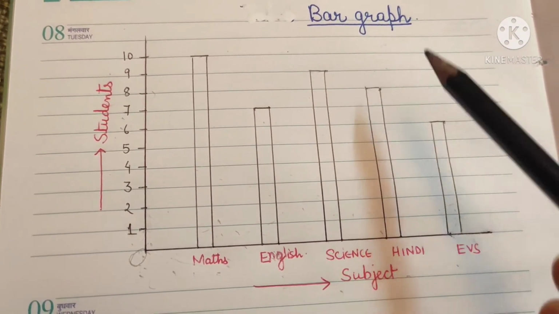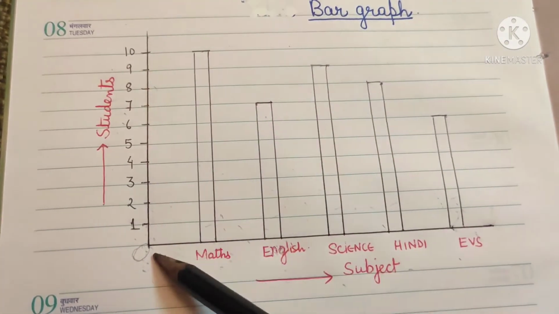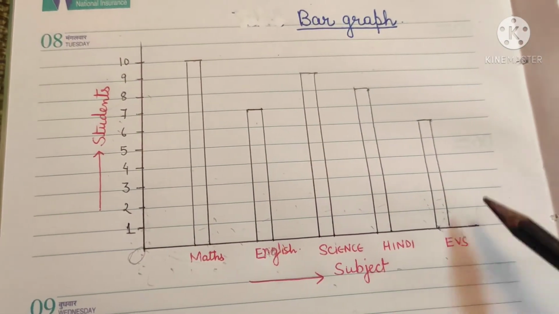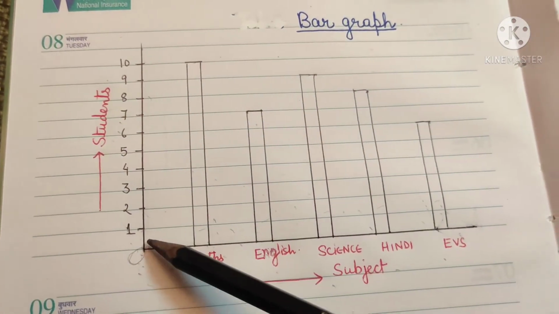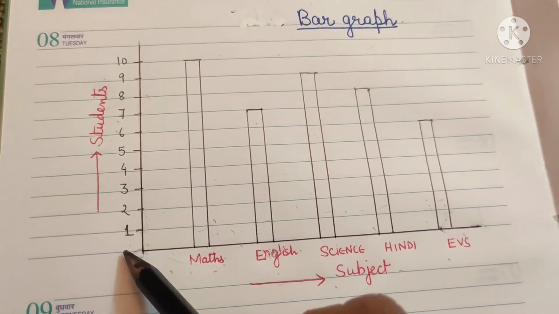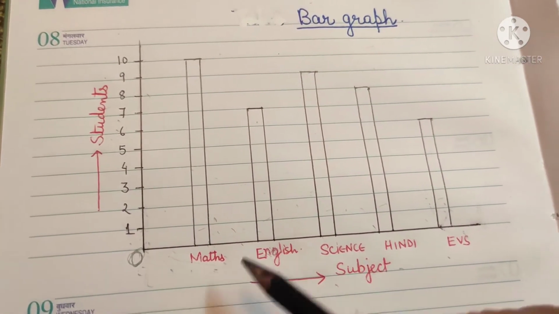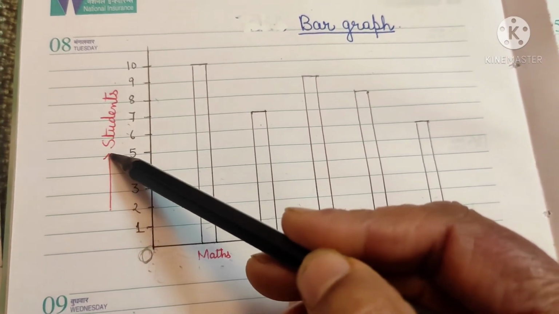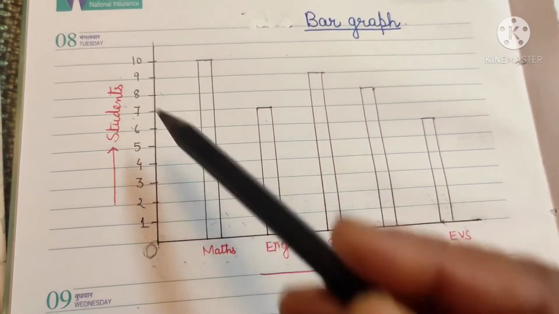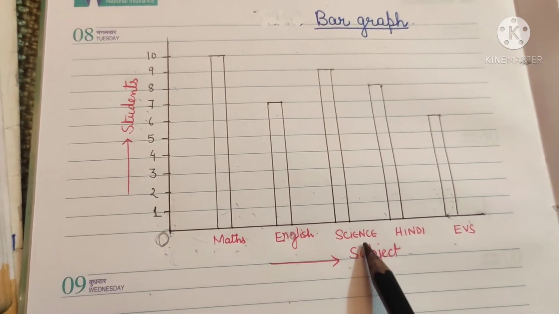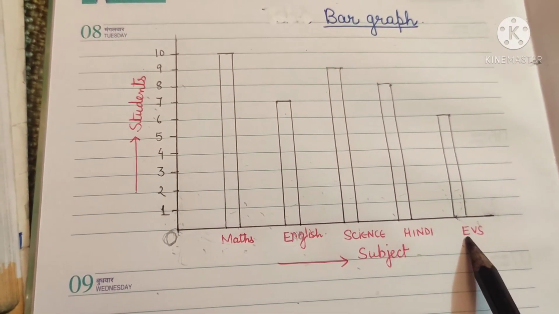And this bar graph consists of two lines, a vertical line and a horizontal line. These two lines meet at a point marked as 0. On the vertical line I have marked the number of students, and on the horizontal line I have marked the names of the subjects.